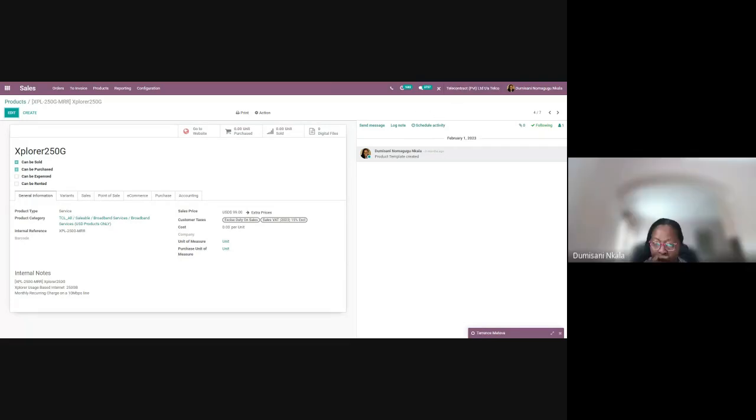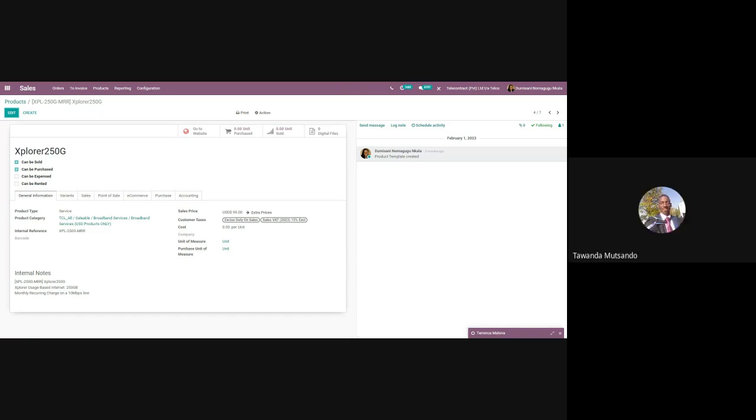Okay, great. Go ahead, Tawanda. My question is, if someone is going to downgrade from an Explorer and yet it's the same value but more data for them, why would they opt to downgrade? What are the perks that would make them want to downgrade, or what are we selling in terms of the upgrade?